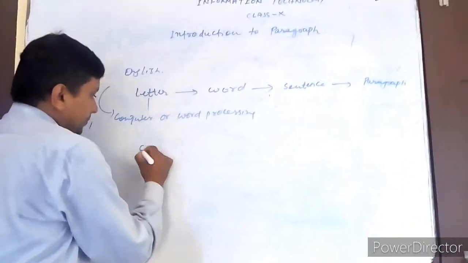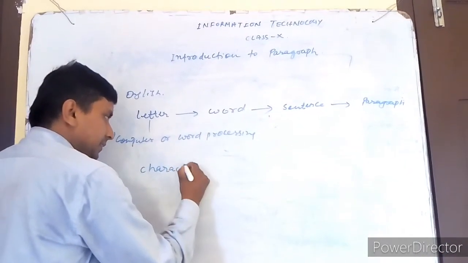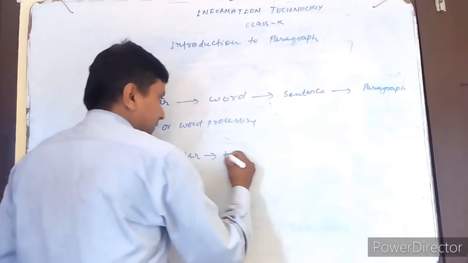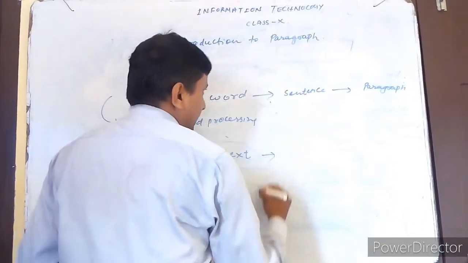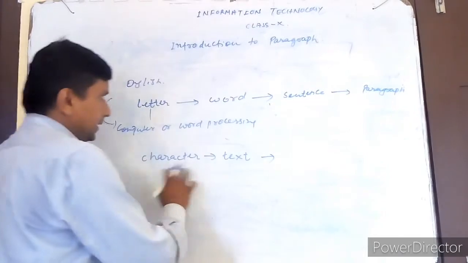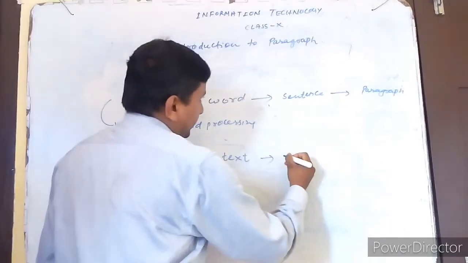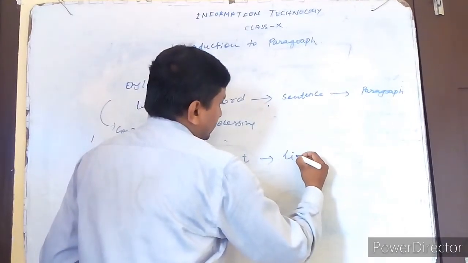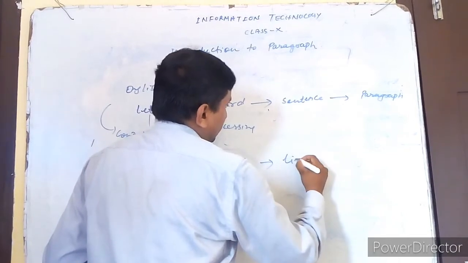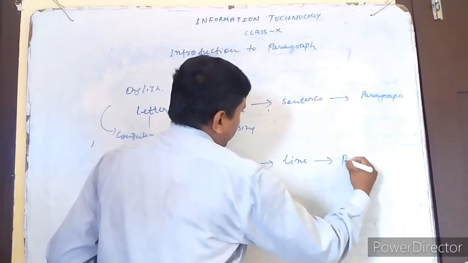Letters are known as characters, characters make text, text makes lines, and lines make a paragraph.